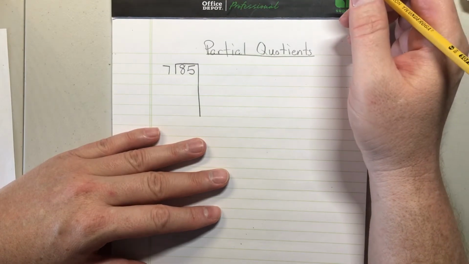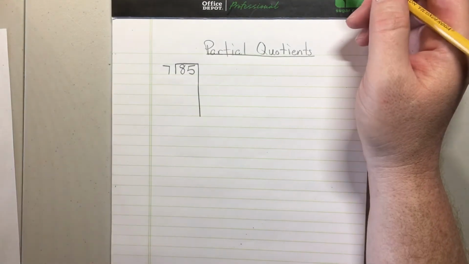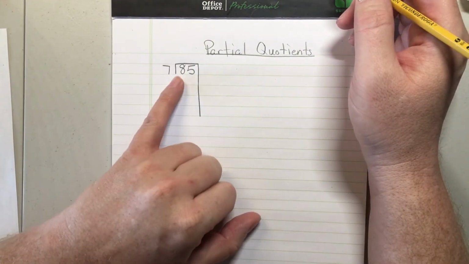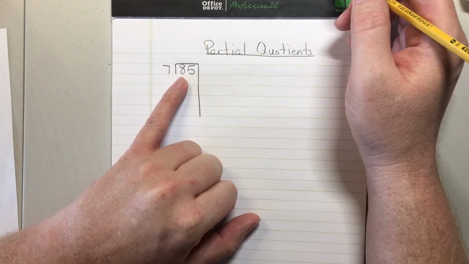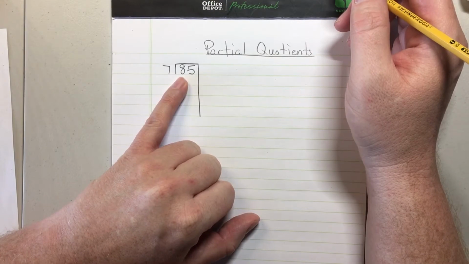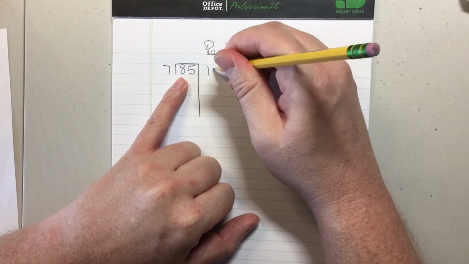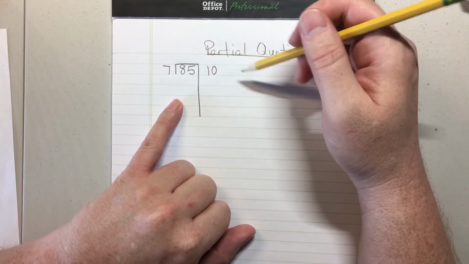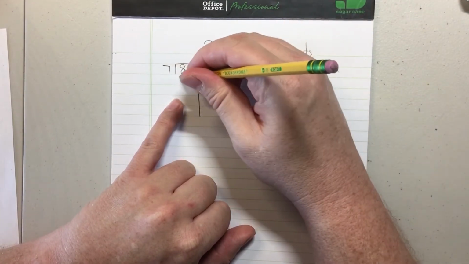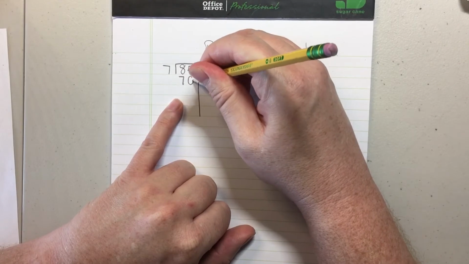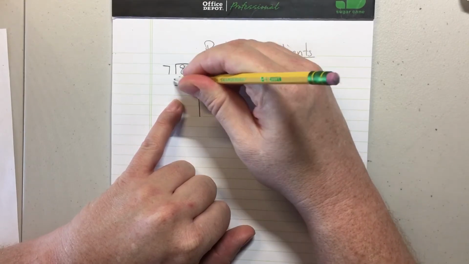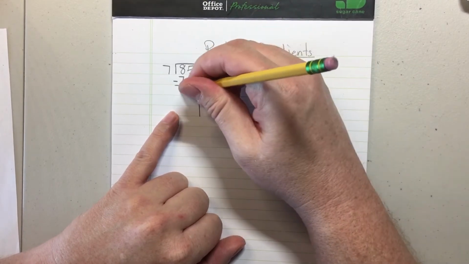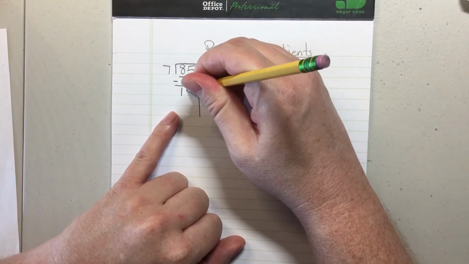Now I'm going to use what's called a friendly number, and a friendly number is a number you can use to get you very close to the actual dividend. I know 10 is definitely a friendly number because anybody can do 10 times 7. 10 times 7 is 70. When I subtract that, I have 15 left over.